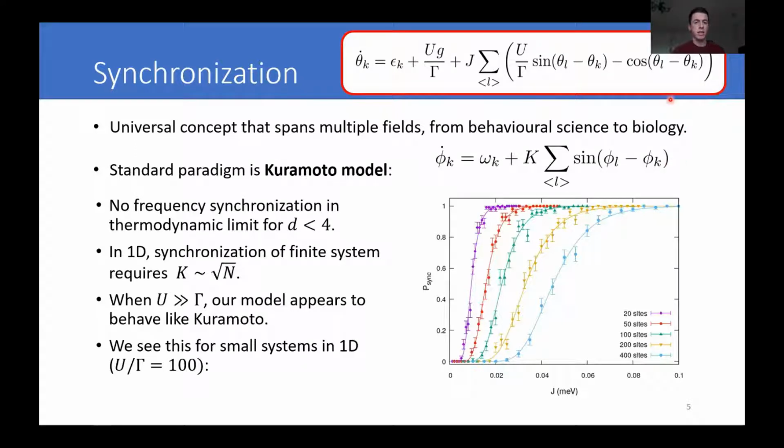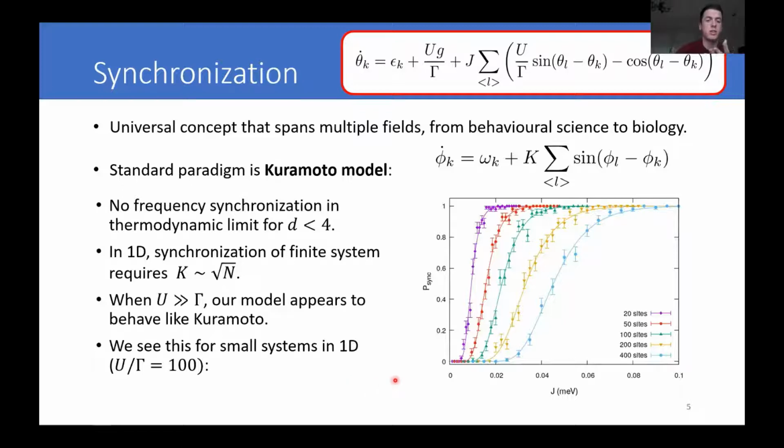As I said, it looks a bit like the Kuramoto model, and we see it can behave like the Kuramoto model as well, because what I've plotted here on the right is the probability of synchronization for chains of varying lengths. We've made this fraction, u over gamma, very big, 100.